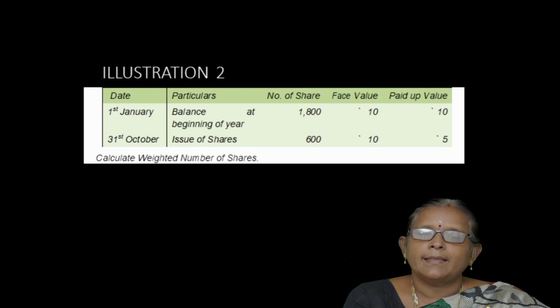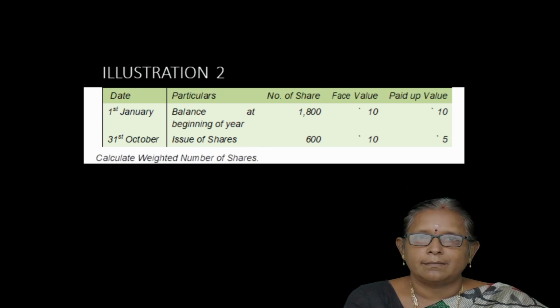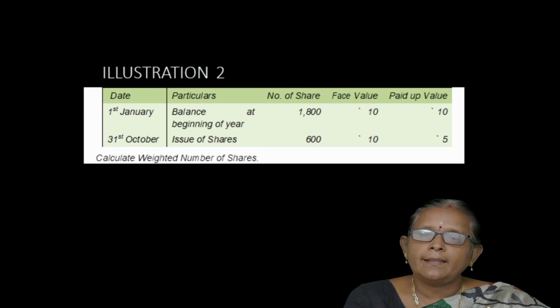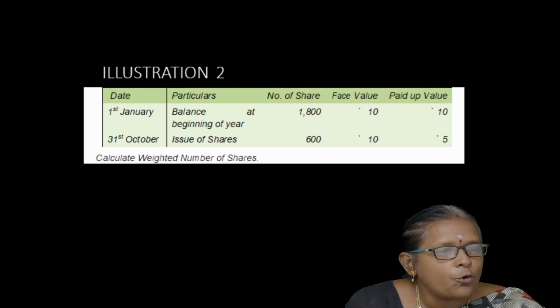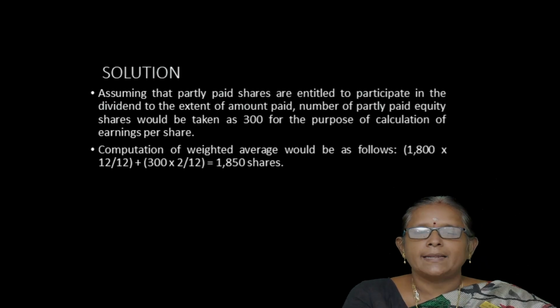That is why the number of shares issued should be taken as 600 into 5 by 10. That means 300 shares. Understood? So, in the beginning of the year, 1800 shares are available and new issue should be taken as 300 shares. I will show you the answer.